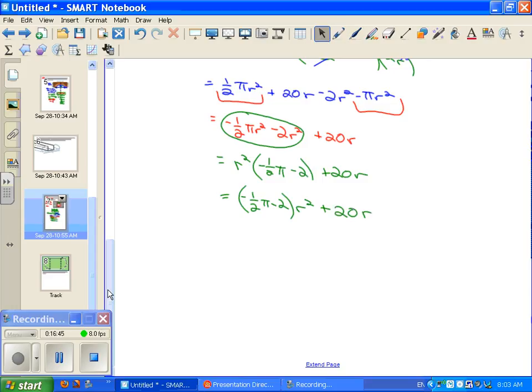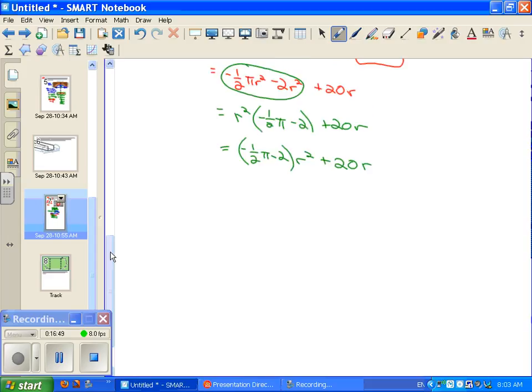If I want to find my maximum area now, I want to figure out where my parabola is going to top out. And it's definitely going to be an opening down parabola because my a is basically negative. So opposite of b over 2a. In this problem, what's my b? 20. So I go negative 20 over 2 times a. What's that? Negative 1/2 pi minus 2. You got it.